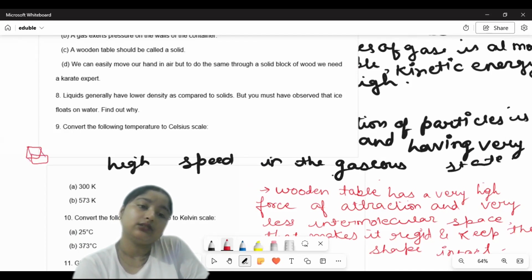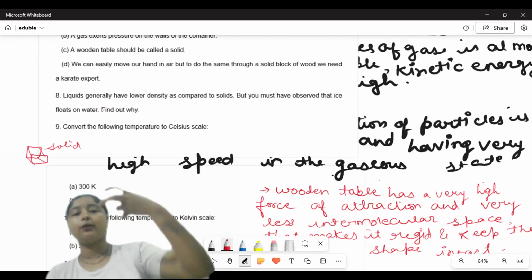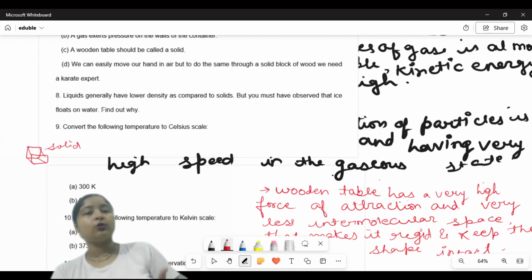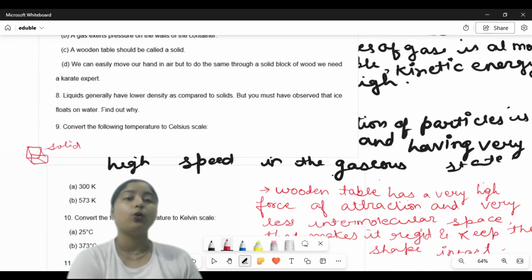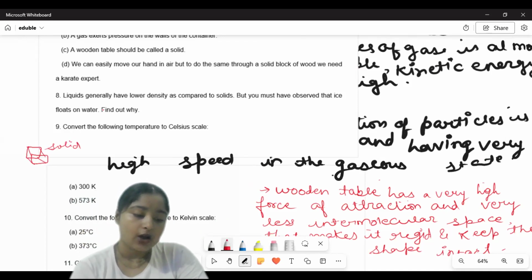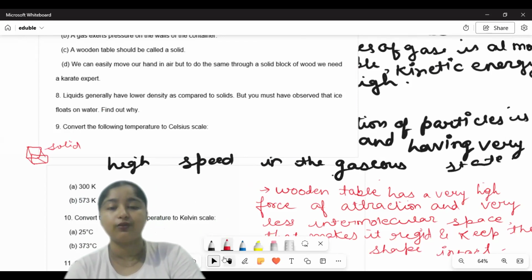But ice is a solid. If you put it in water or any kind of liquid, you can just do this experiment, you can see that it will float. It will not sink. Why? What's the reason behind it? We have to answer the logic for it.